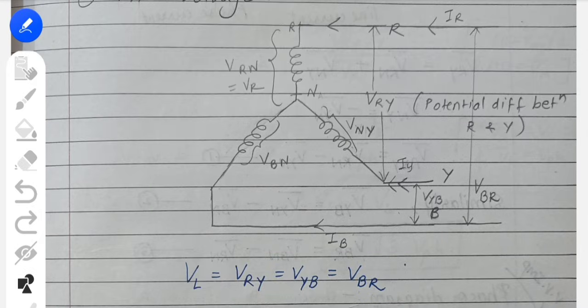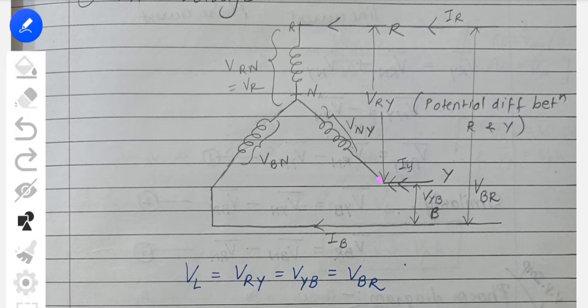As I told you the definition, the voltage between any two line conductors in a three-phase system, which is VL. First of all you will mention RY, so this one is your VRY, then this one VYB, and this one VBR. These are the additional ones, these are your line voltages.